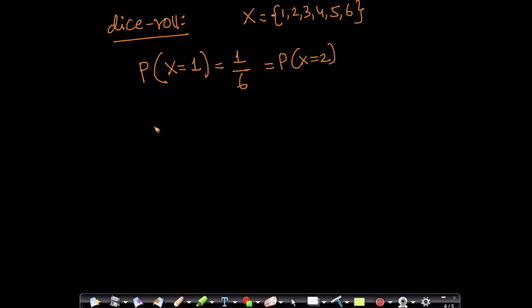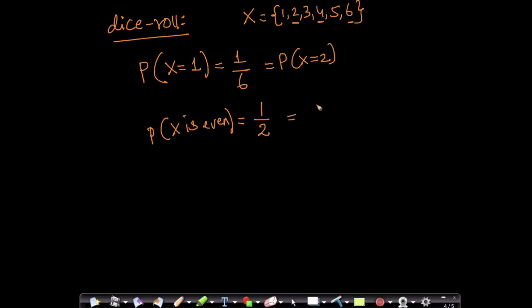Now, what is the probability that x is an even number? How many even numbers are there? There are 2, 4, and 6. Of the 6 outcomes, where each of them is equally likely, 3 outcomes are even, which means the probability that x is even is 1 by 2.